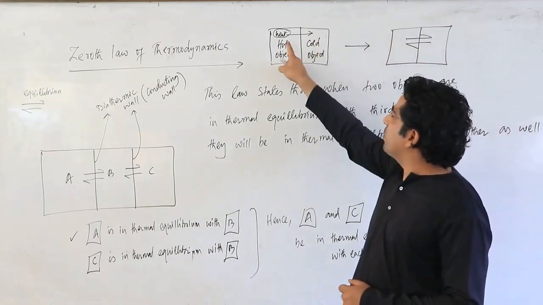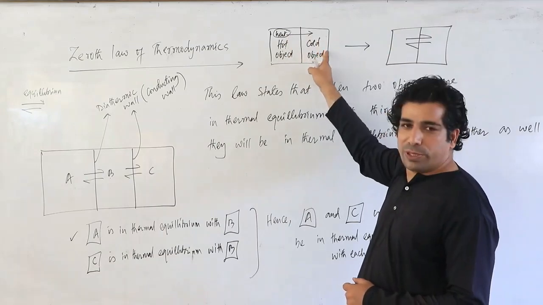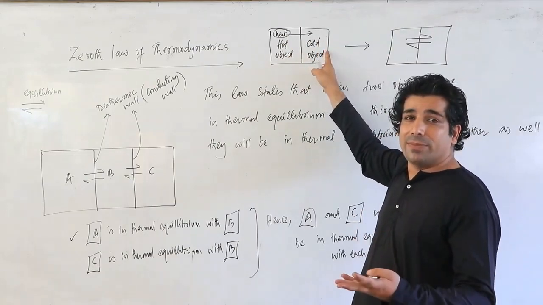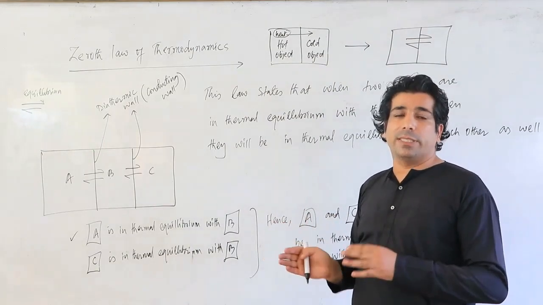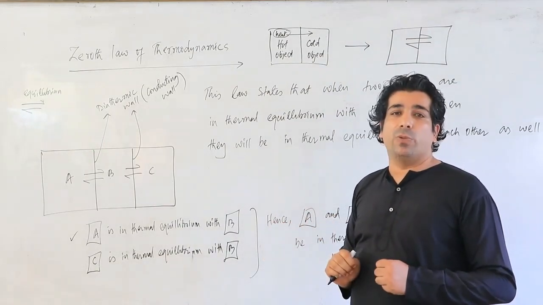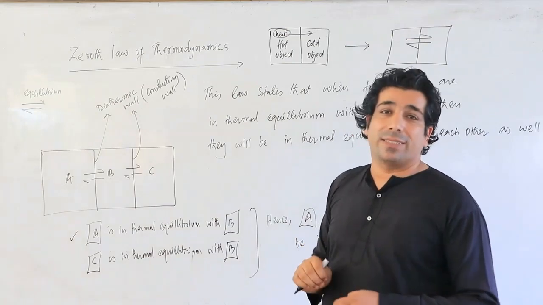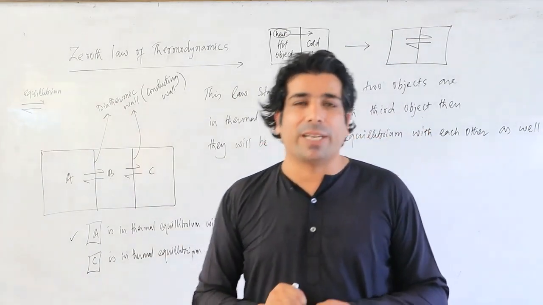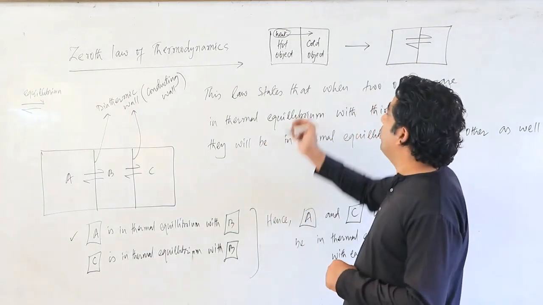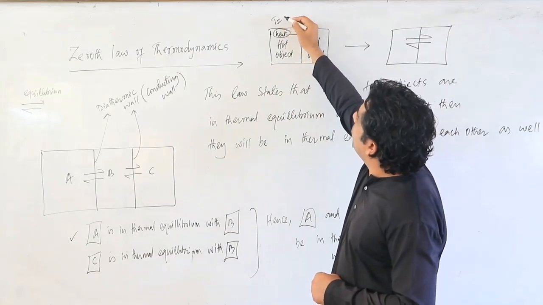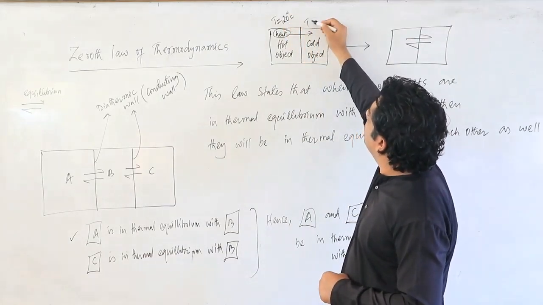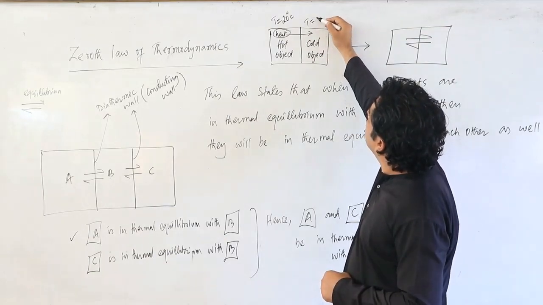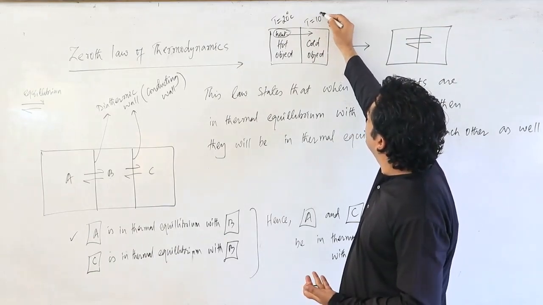Because when heat keeps on moving from hotter to cold objects, a time will come that the temperature of both of the substances or both of the objects will become equal. And that is called thermal equilibrium, my dear friends. For example, let us suppose the temperature was here 20 degrees Celsius and here it was, let us suppose, 10 degrees Celsius, or whatever it may be.